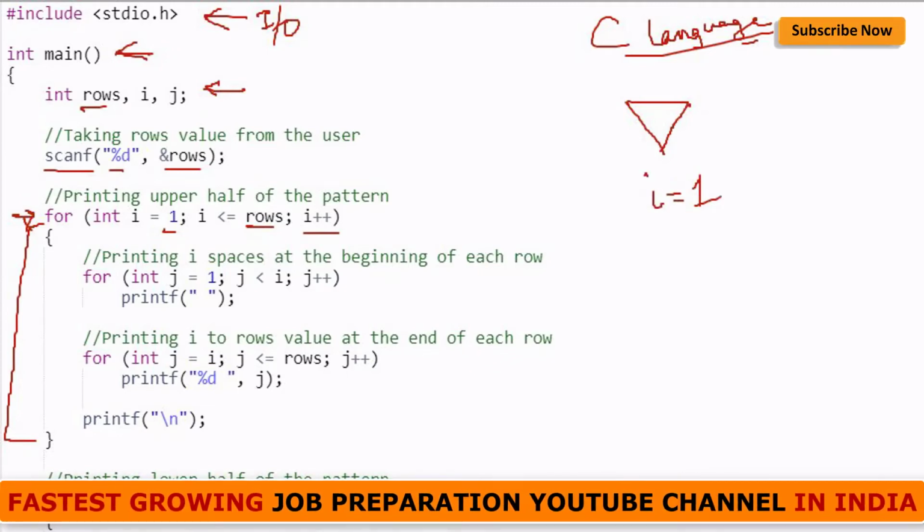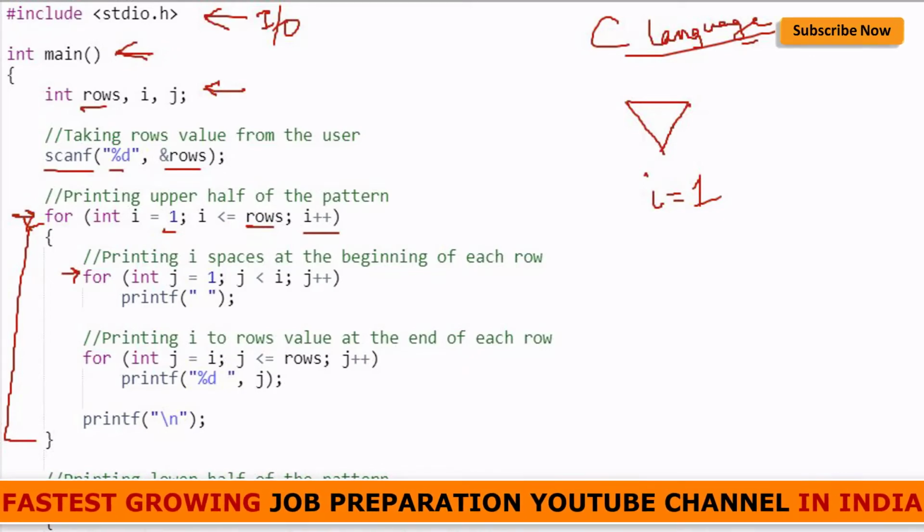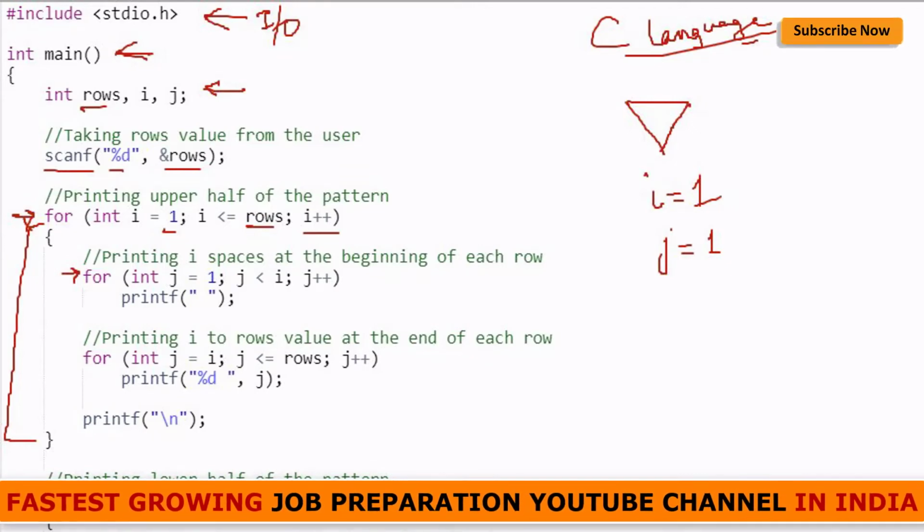See, this for loop is inside this for loop, and this is called nested looping. Here j is starting from 1 and going while j is less than i. So j starts from 1 and less than 1 means this print statement will not be iterated for the first line.